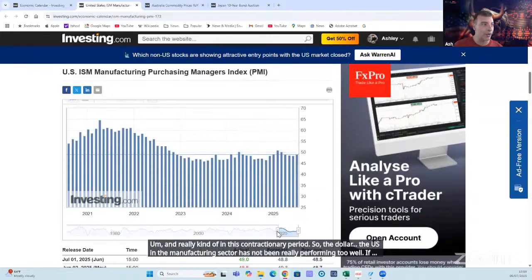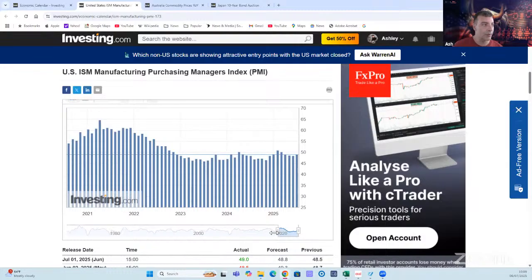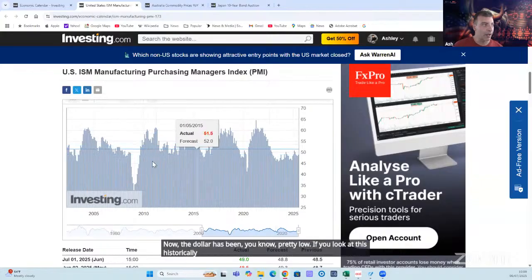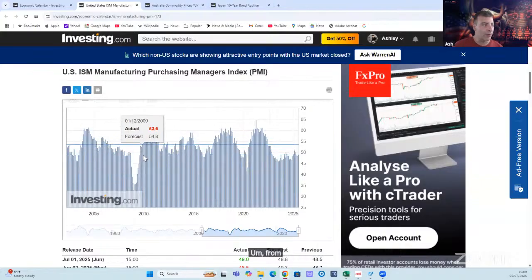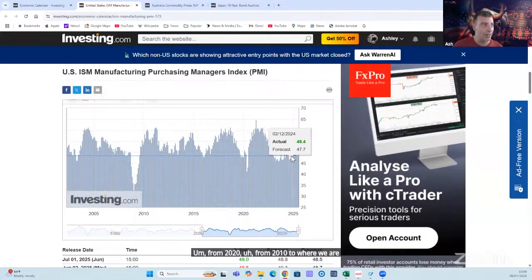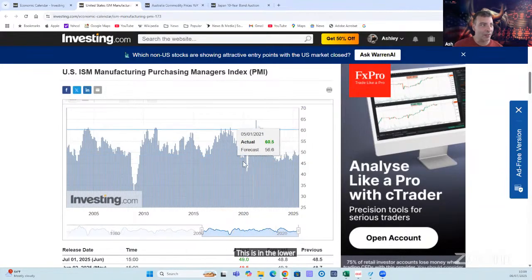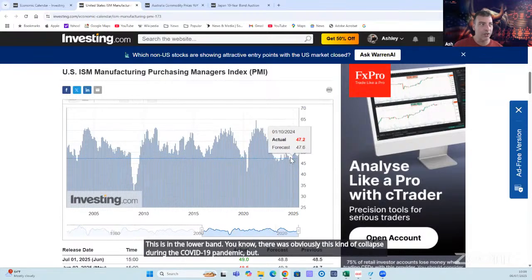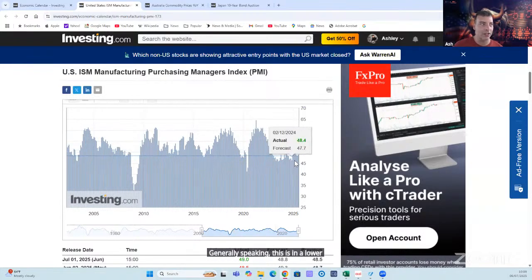If you look at this historically, from 2010 to where we are now, this is in the lower band. There was obviously a collapse during the COVID-19 pandemic, but generally speaking, this is in the lower band.